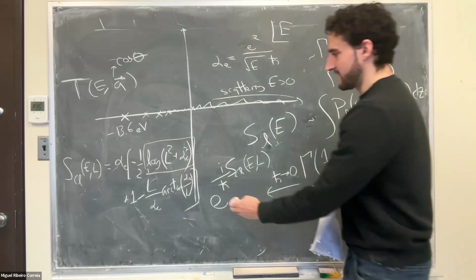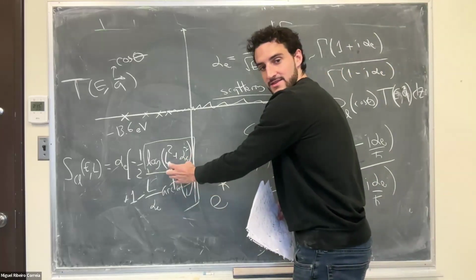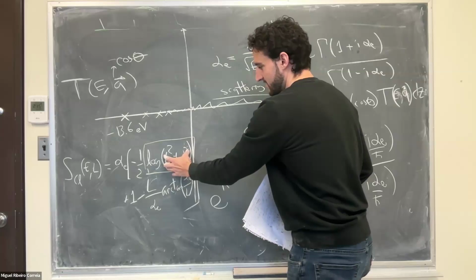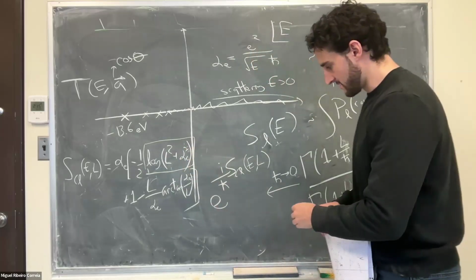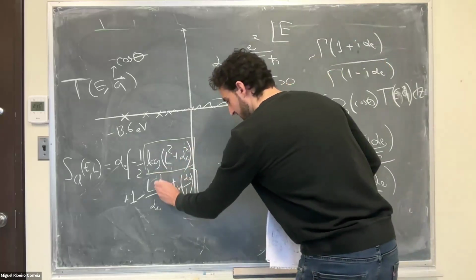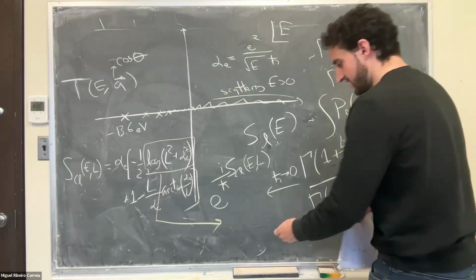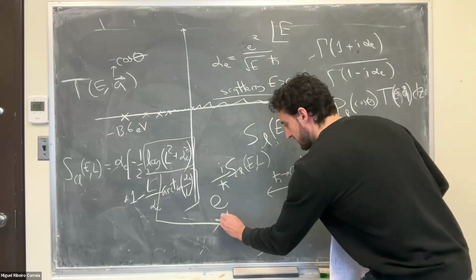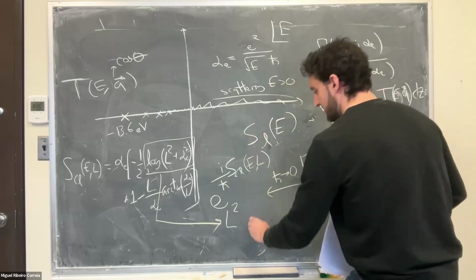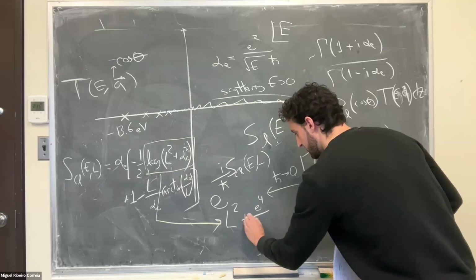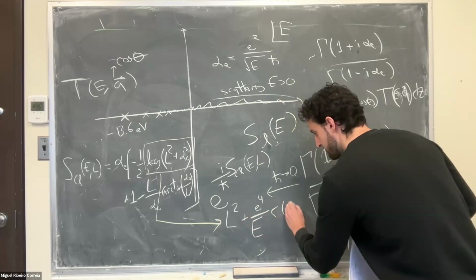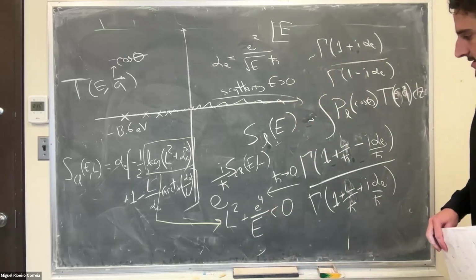So this log has a branch cut, right? There's a branch cut when the argument of the log is negative. So if I look at this case, when the argument is negative, it tells me a condition, that the energy is negative. Okay.